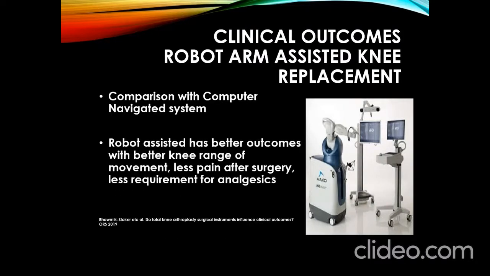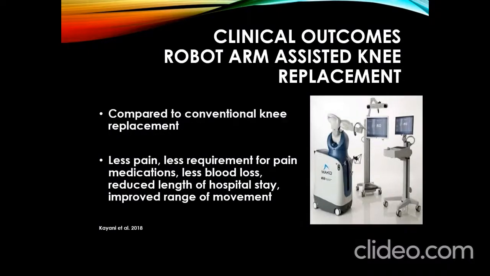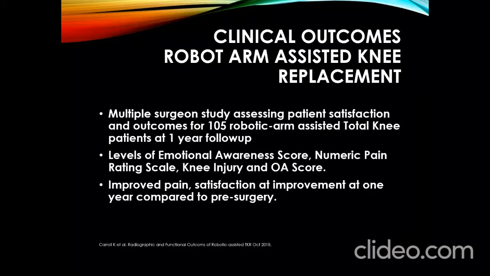When this technology was compared with a computer-navigated system, it had better outcomes. When compared with the conventional knee, Kayani, this author, had shown that there was less pain for patients, quicker recovery, reduced length of hospital stay, and better range of movement after surgery.